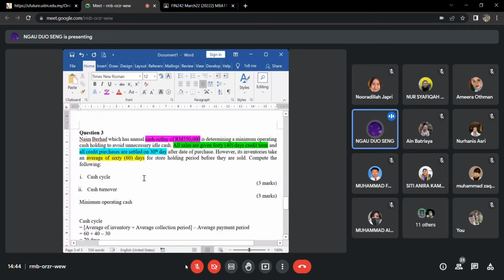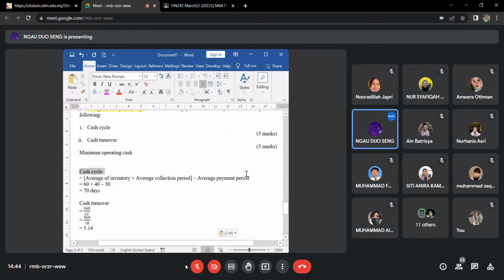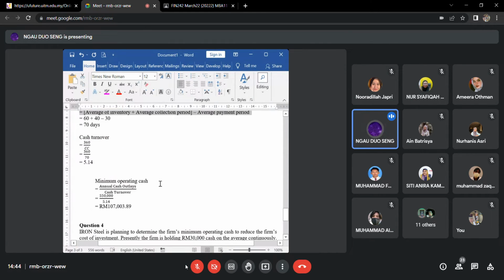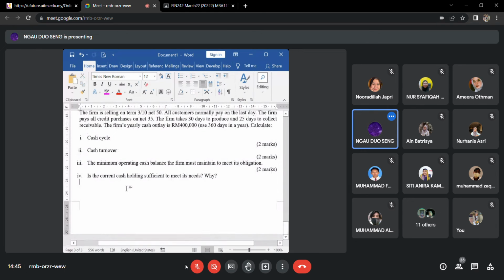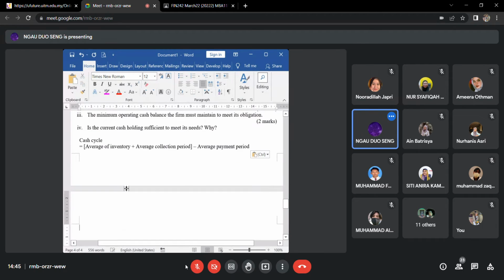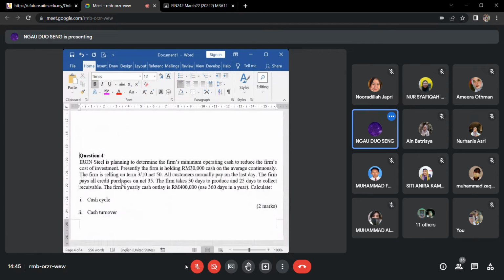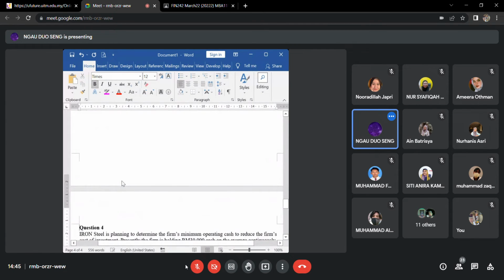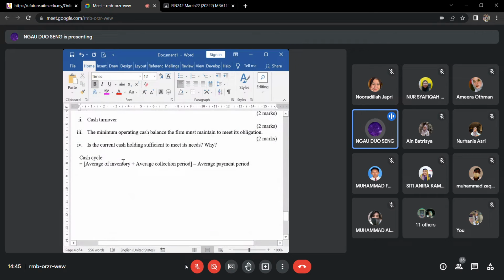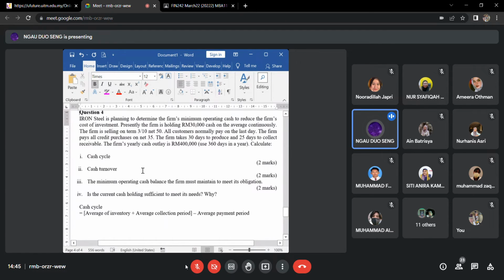So cash cycle formula here, we just copy back lah the cash cycle formula. All right, cash cycle, average of inventory. So we read the question, average inventory.